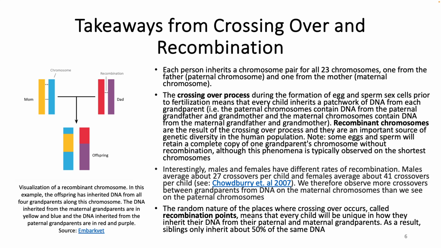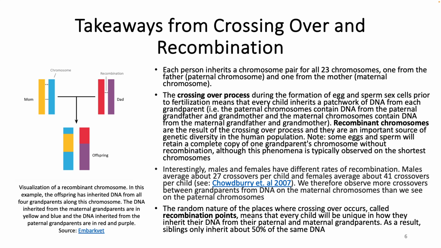Now, the crossing over process during the formation of egg and sperm sex cells prior to fertilization means that every child will inherit a patchwork of DNA from each grandparent. So the paternal chromosomes, for example, contain DNA from the paternal grandfather and the paternal grandmother.